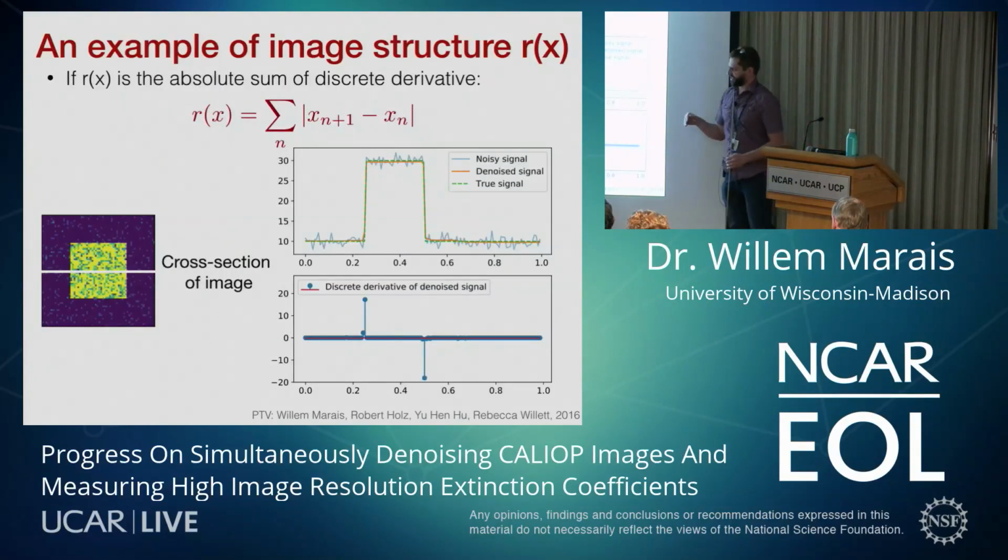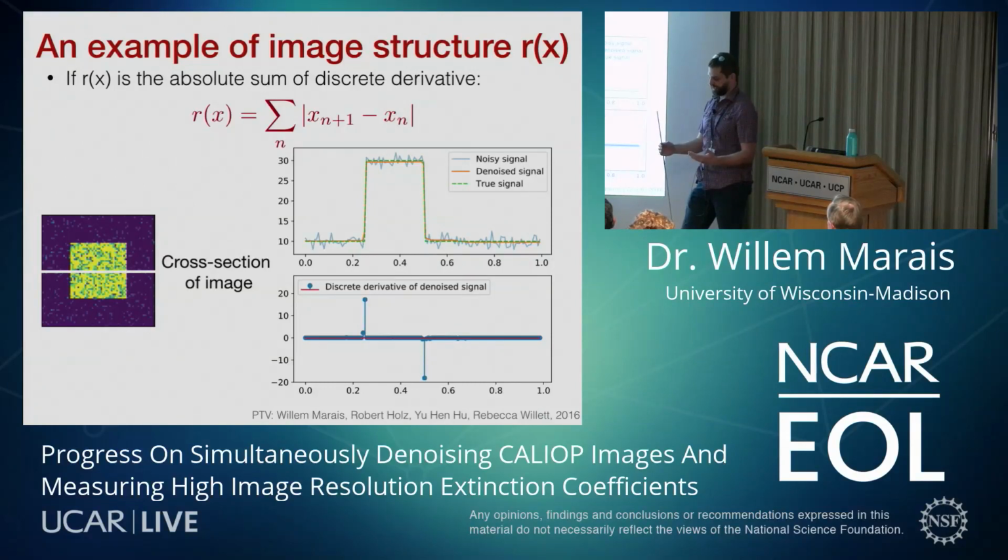In the next two slides, I'm going to explain what I mean by imposing an image structure to constrain the estimation of the attenuated backscatter coefficient. This is an example where we say, okay, let's assume that the image we want to estimate can be accurately approximated with piecewise constant functions.